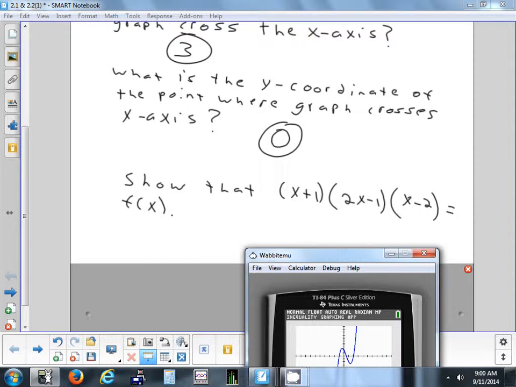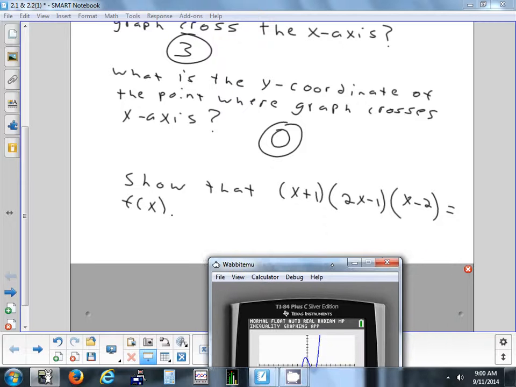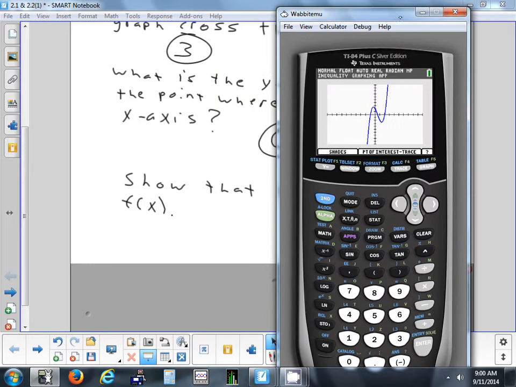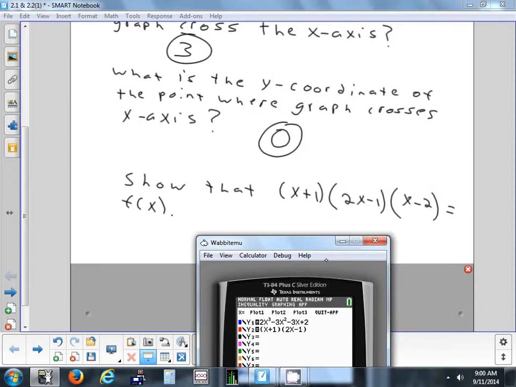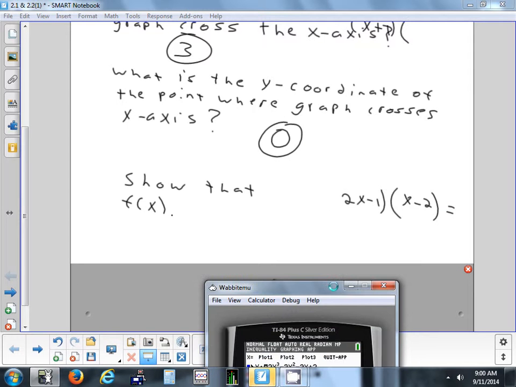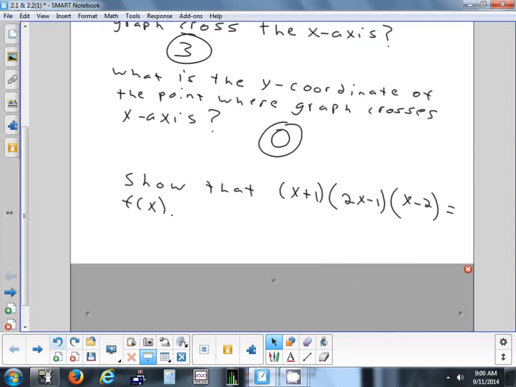The only way to really prove that this is the same as the original is algebraically, FOILing or distributing it out. So it's x plus 1 times 2x minus 1 times x minus 2.